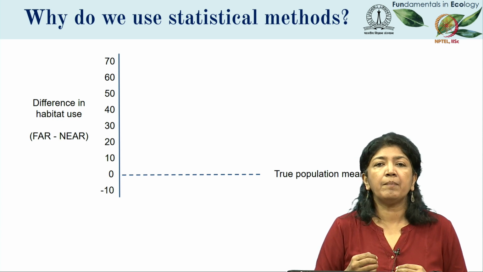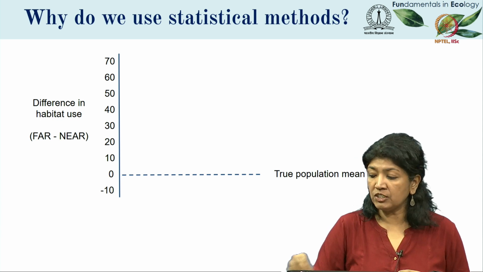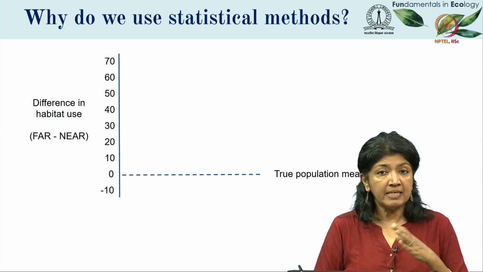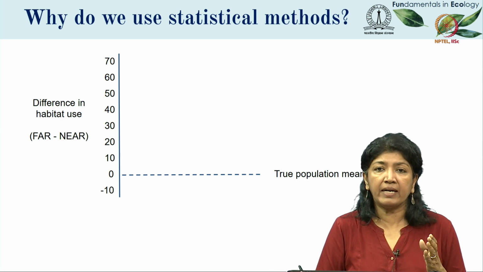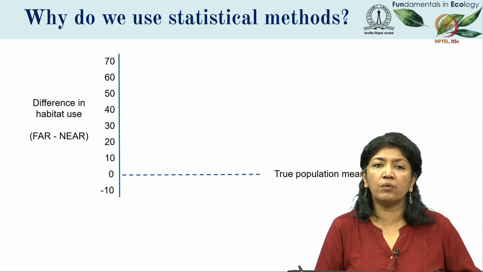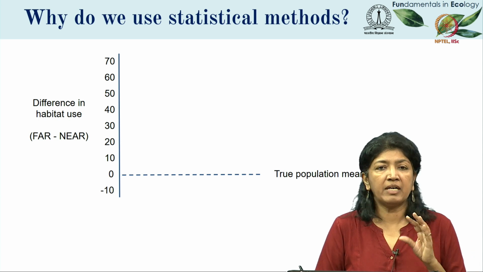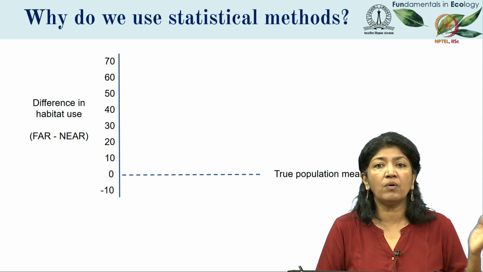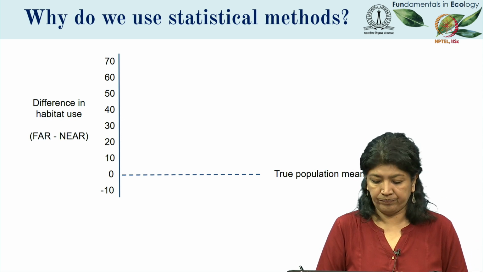Now, let us take up an example where the true population mean is 0, that is there is no real effect of distance from the road on butterfly habitat use. Butterfly habitat use is similar both far away from the road and near the road.